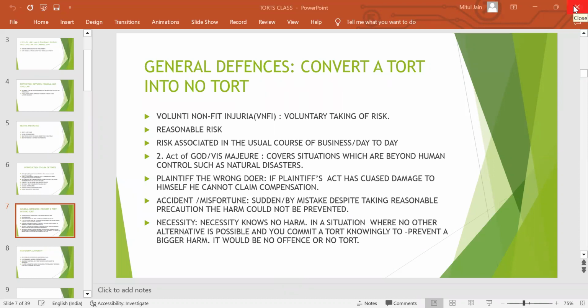Then comes necessity. What is necessity? Necessity knows no harm.